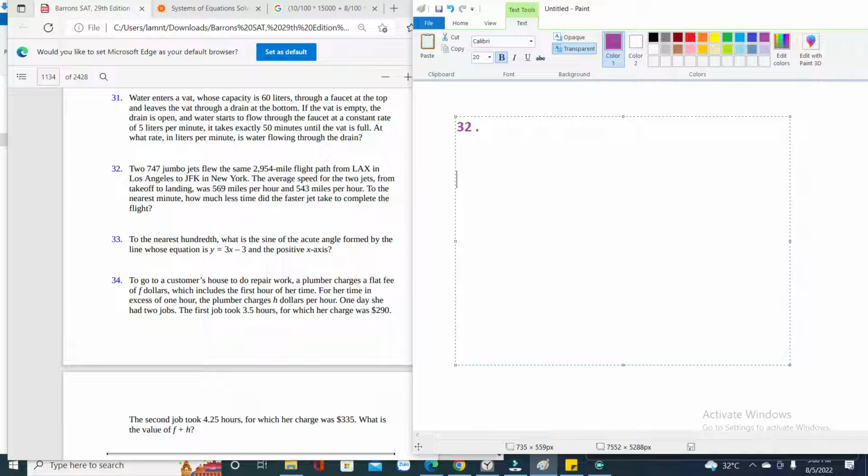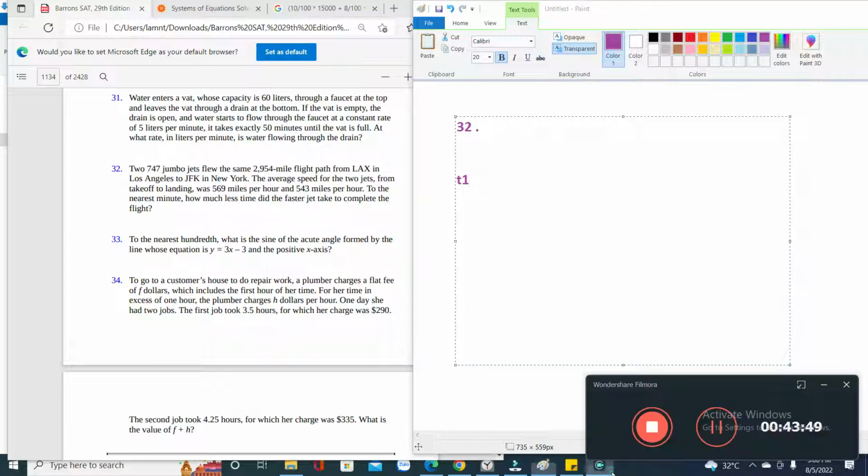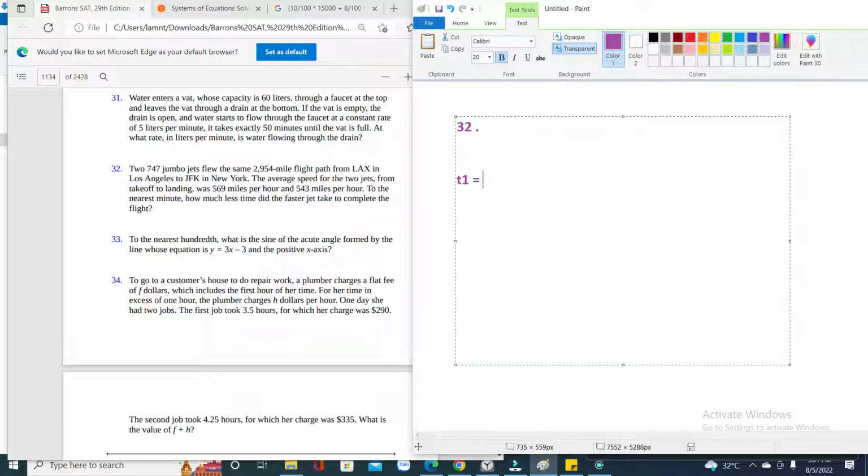So the time of the flight of jet one is going to be 2,954 miles over 569 miles per hour, and T2 is going to be the same numerator, but the speed is different, which is 543.